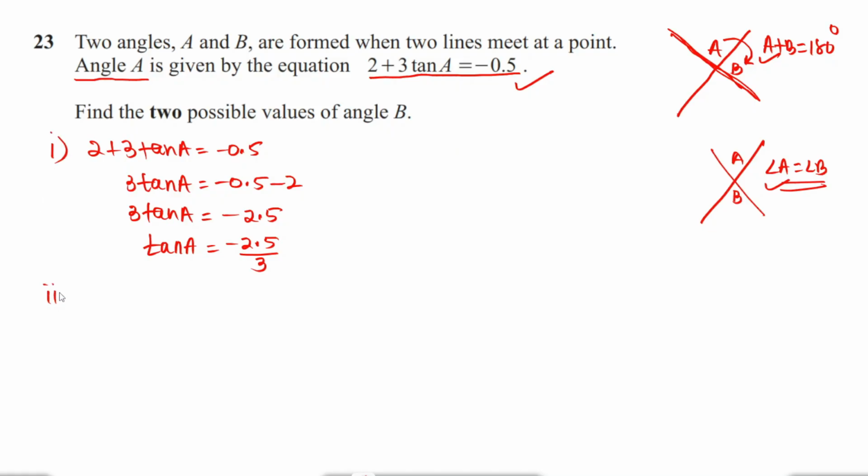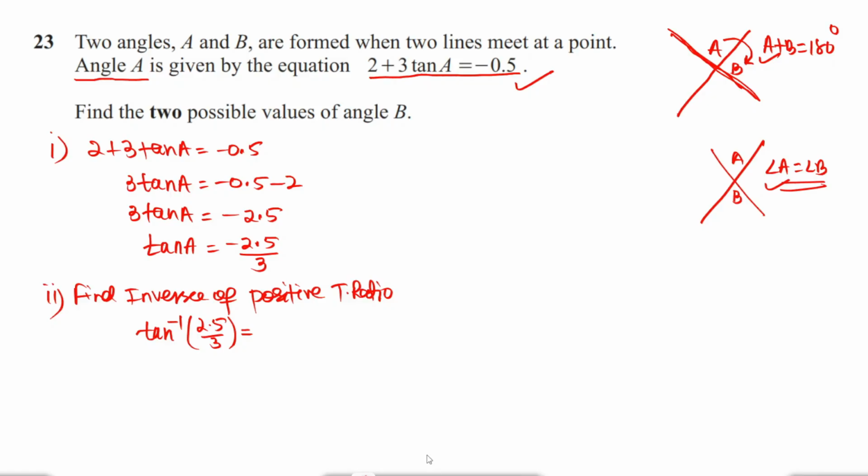Second step, you find the inverse of the positive ratio. That is the second step. That is very, very important. Ignore the negative sign. So what are you going to do here? Tan inverse of 2.5 over 3. That is the thing you have to do here. So let us find it out.